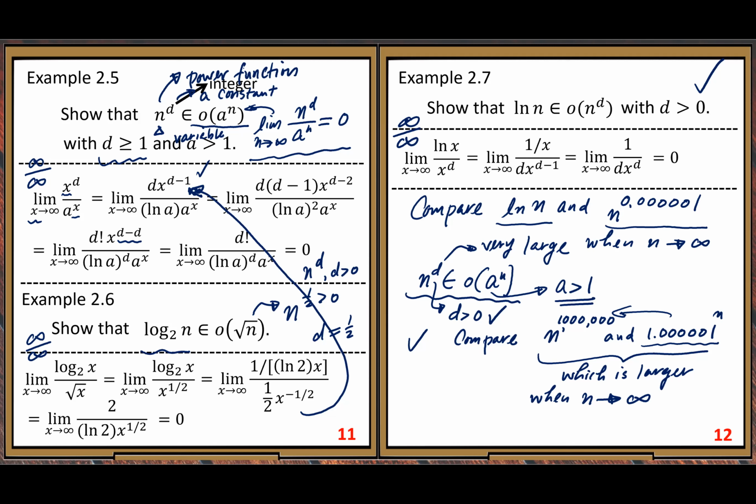If you answer this question by intuition, you may feel n to the 0.000...1, the exponent number is very close to 0, right? Then you may feel n to the 0 is close to 1, right? We know n to the 0 is 1.